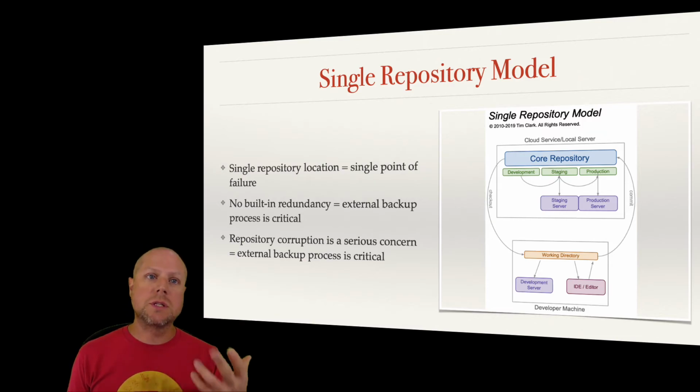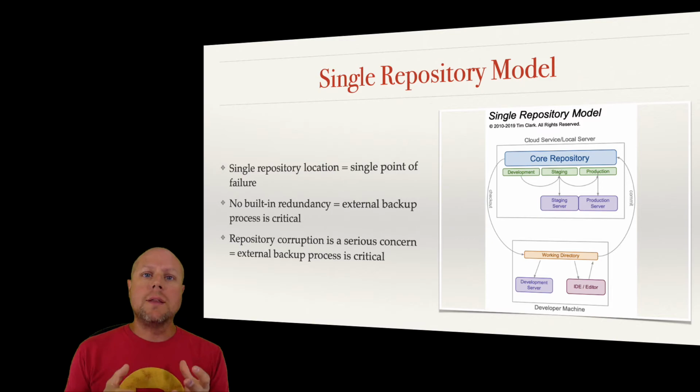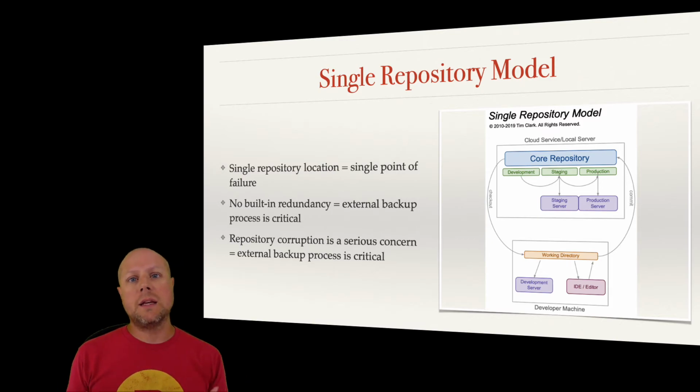A developer uploads something or does something to the repository, deletes the repository, deletes a branch. They could do anything that could corrupt that repository or a branch, or delete things that shouldn't have been deleted. And if you don't have a backup of that repository that is current, again, you're running into a serious problem. So having that external backup process is super important.